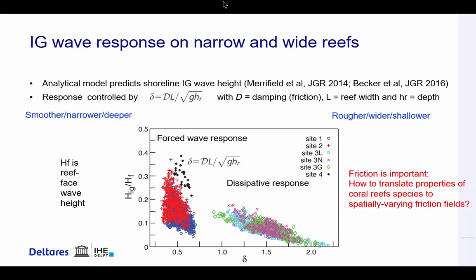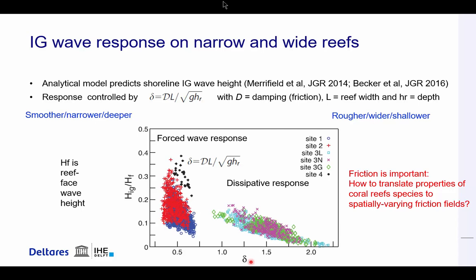Now, is that generally true? No. There is a difference between narrow and wide shelves. And as an example, I have an analytical model developed by Mark Merrifield and Janet Becker that predicts the infragravity wave height as a fraction of the wave height at the reef face as a function of a parameter delta.